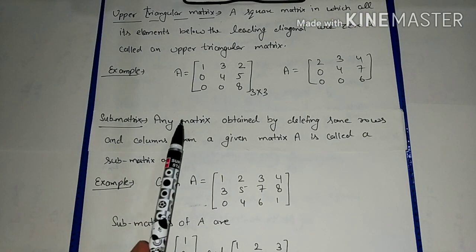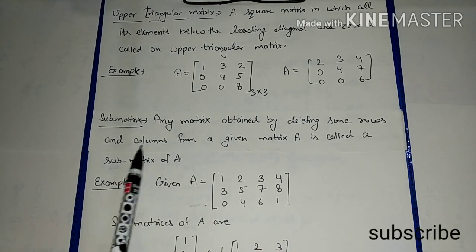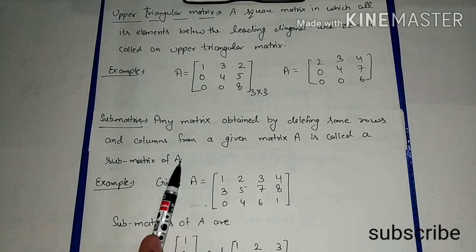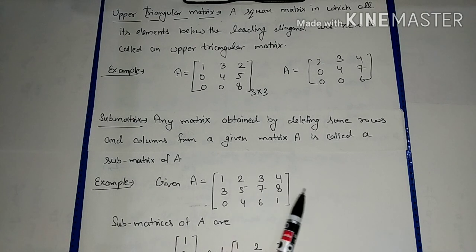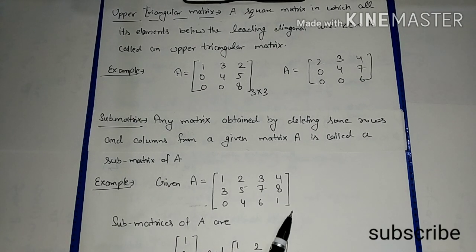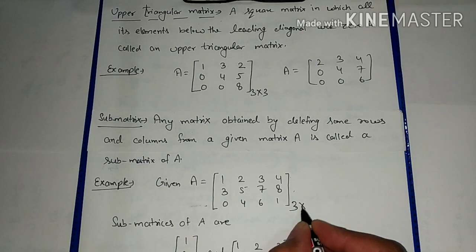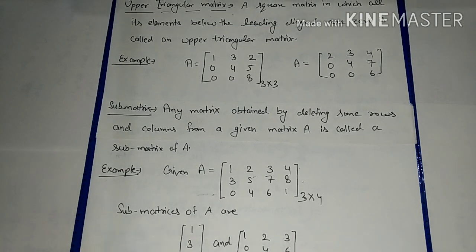Next, submatrix. Any matrix obtained by deleting some rows and columns from a given matrix A is called a submatrix of A. For example, given A equals [1 2 3 4; 3 5 7 8; 0 4 6 1]. Number of rows 3 and number of columns 4, order 3 by 4.